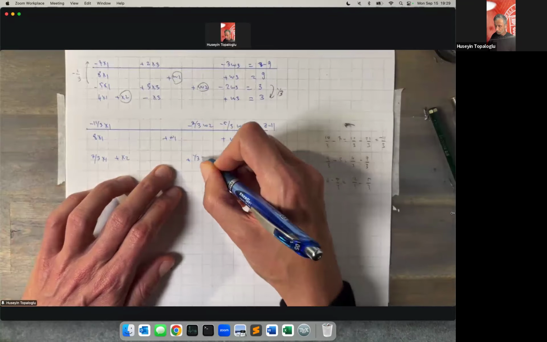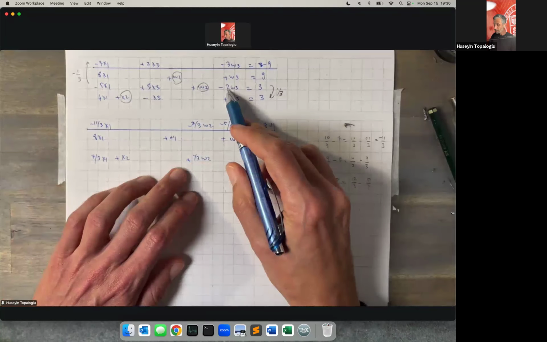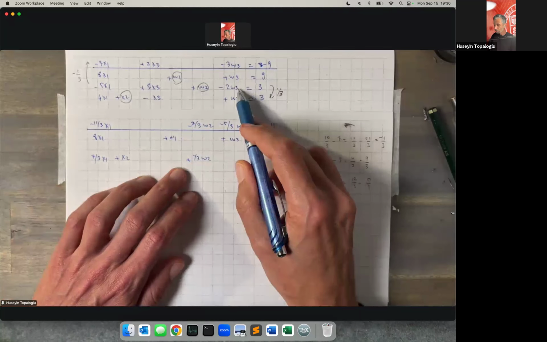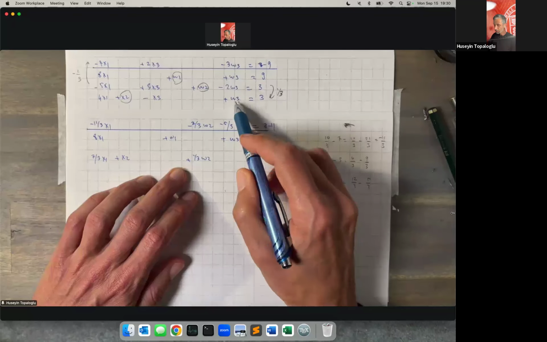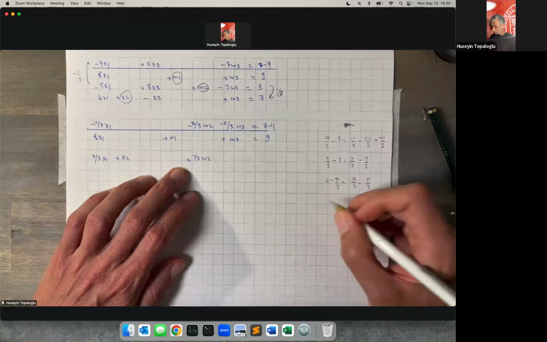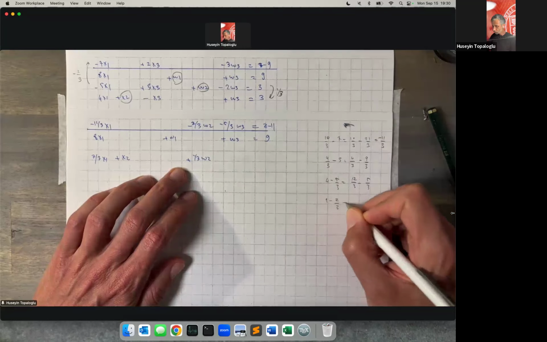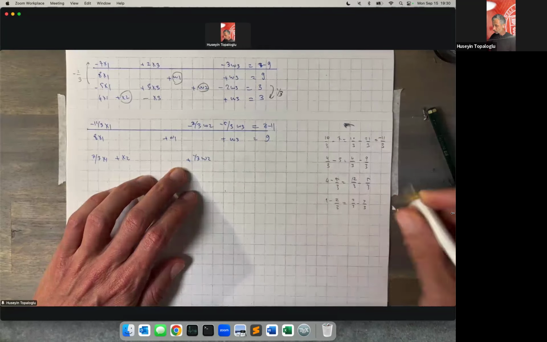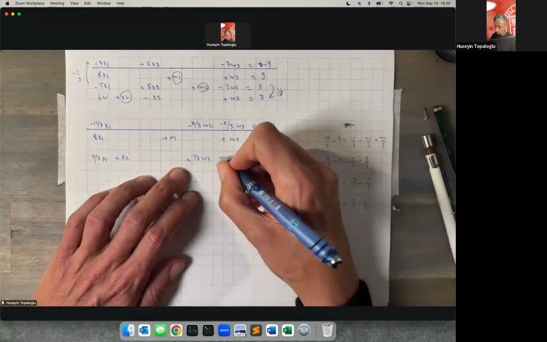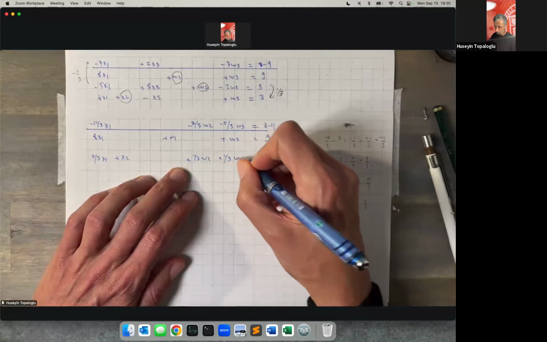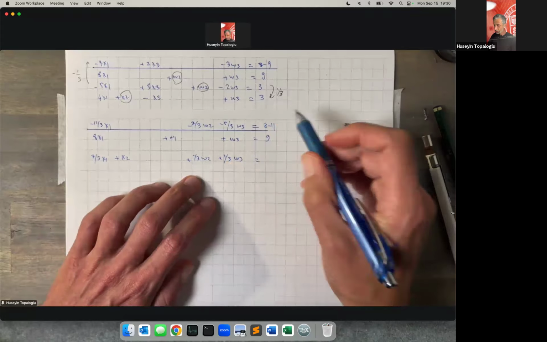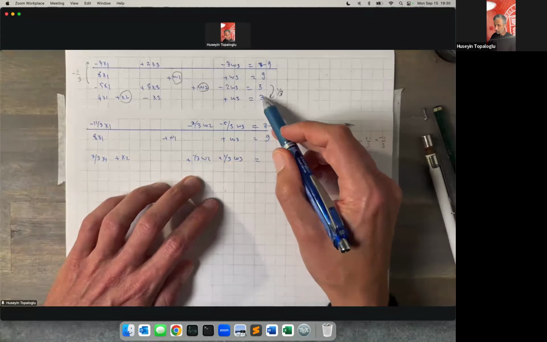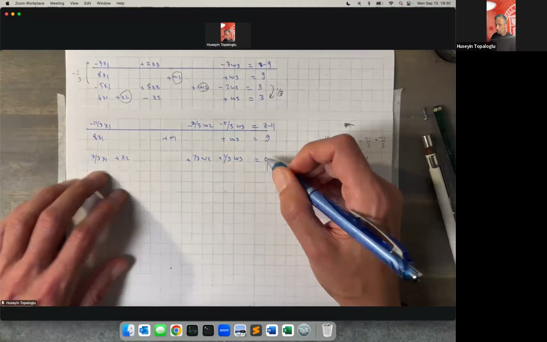That's going to give me 1/3 w2 here. Minus 2 times 1 over 3 w3 is minus 2 over 3 w3 plus another w3. 1 minus 2 over 3, that's 3 over 3 minus 2 over 3, that's going to give us 1 over 3 w3. And on the right-hand side, 3 times 1/3 is 1, plus another 3, that's a 4.